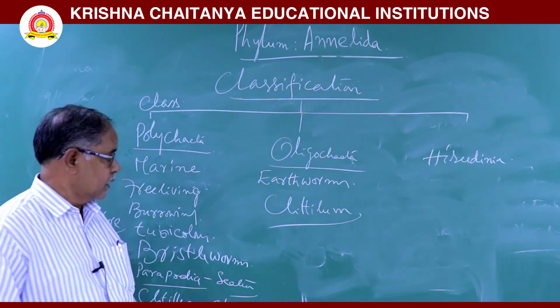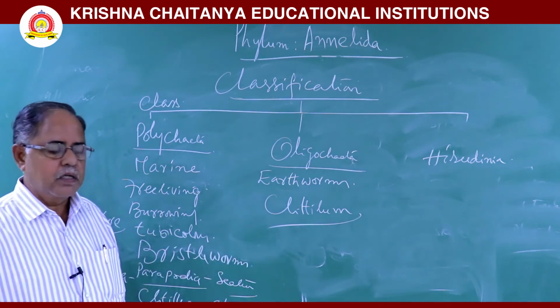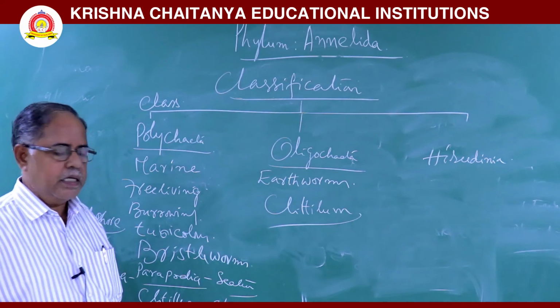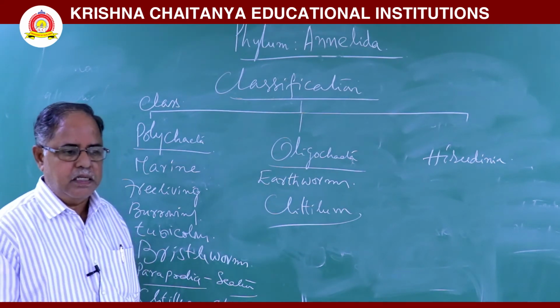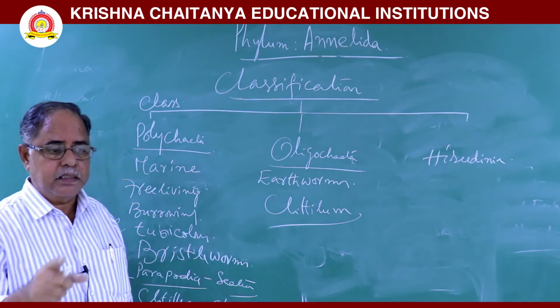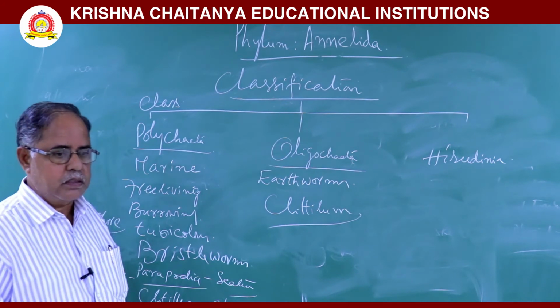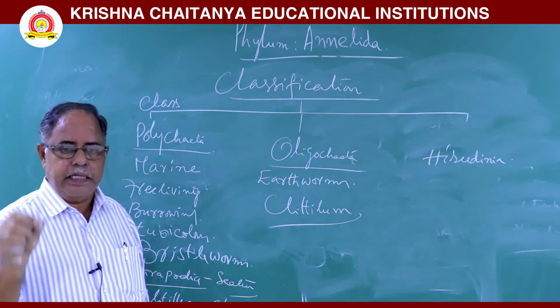Next, here clitellum is seen during breeding season. From this clitellum, a cocoon is formed. They are monoecious. That means bisexual animals or hermaphrodites. That means in a single animal, both male and female reproductive organs are there. The development is a direct development.